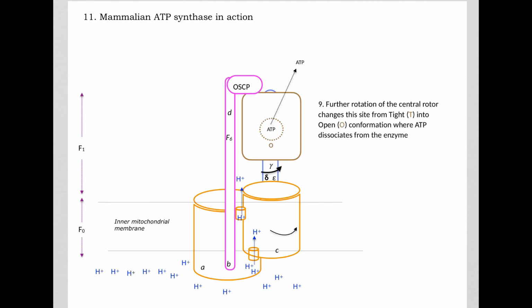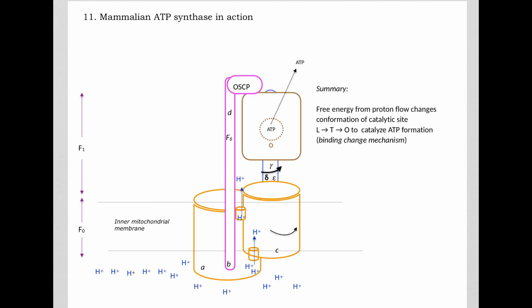Further rotation of the central rotor now changes the conformation from the T side to the open or O side. And this side now allows the ATP that is formed to escape the enzyme as free ATP.